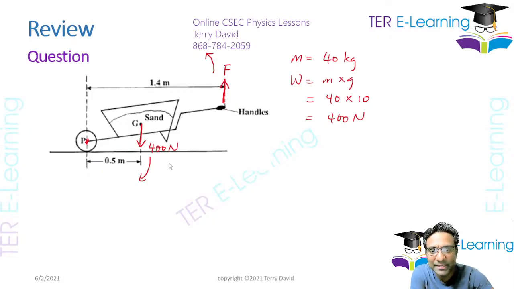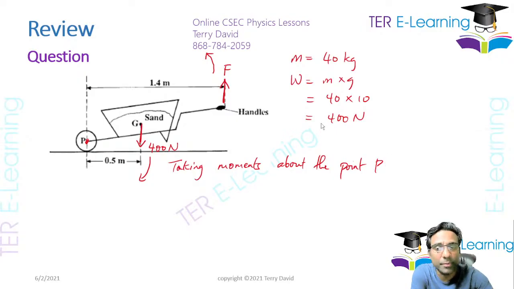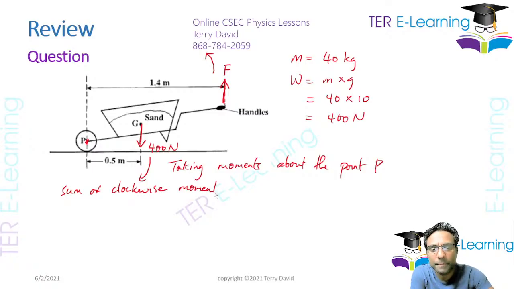So, taking moments about the point P, the sum of clockwise moments equals the sum of the anti-clockwise moments.